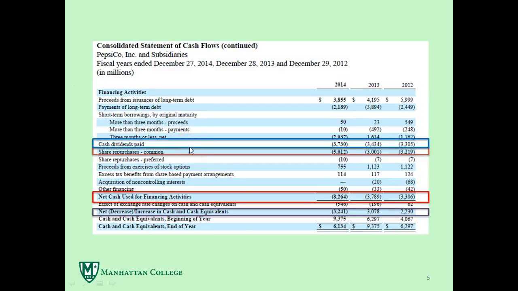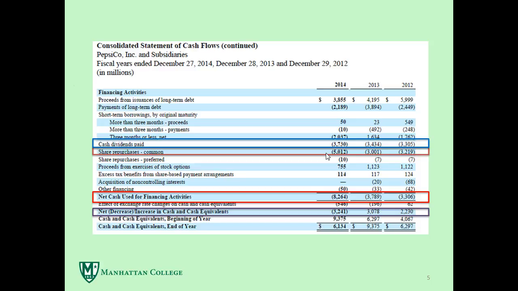So for PepsiCo, it appears that a lot of the cash used for financing activities went to the shareholders. Dividends were paid to common shareholders, preferred shareholders, and holders of restricted stock units, which is a way of compensating executives, and even more than dividends paid to shareholders, shares were repurchased or bought back from shareholders. This is the purchase called the purchase of treasury shares in the textbook.